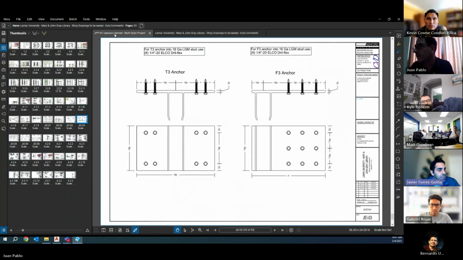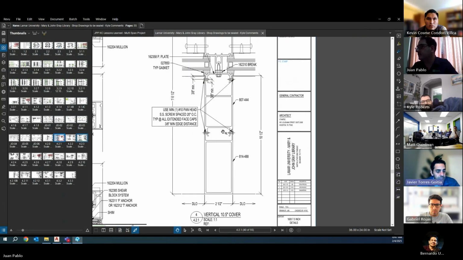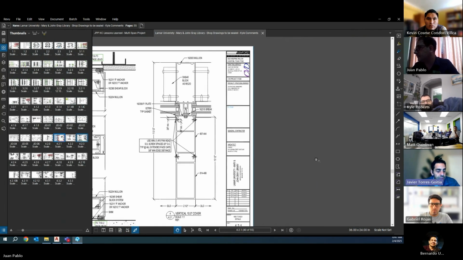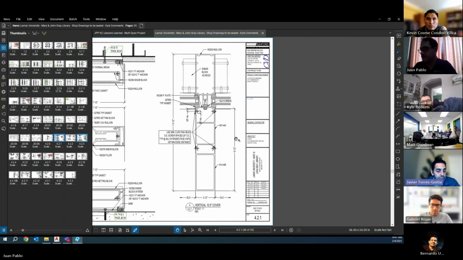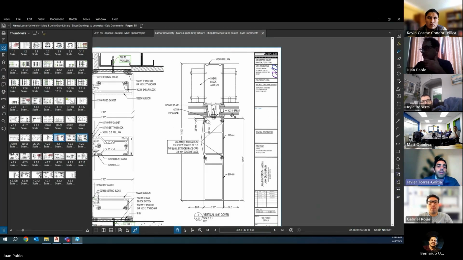Two things that I wanted to add to the project: emphasize the importance that every time we're changing the amount of dead load that the structure behind us is going to receive, instead of assuming that we're okay, always reach out to the client as early as possible to request the EOR to look at our modified load path and modified dead loading, because it might very well be that the structure below the frames doesn't have the capacity to resist the additional dead load.